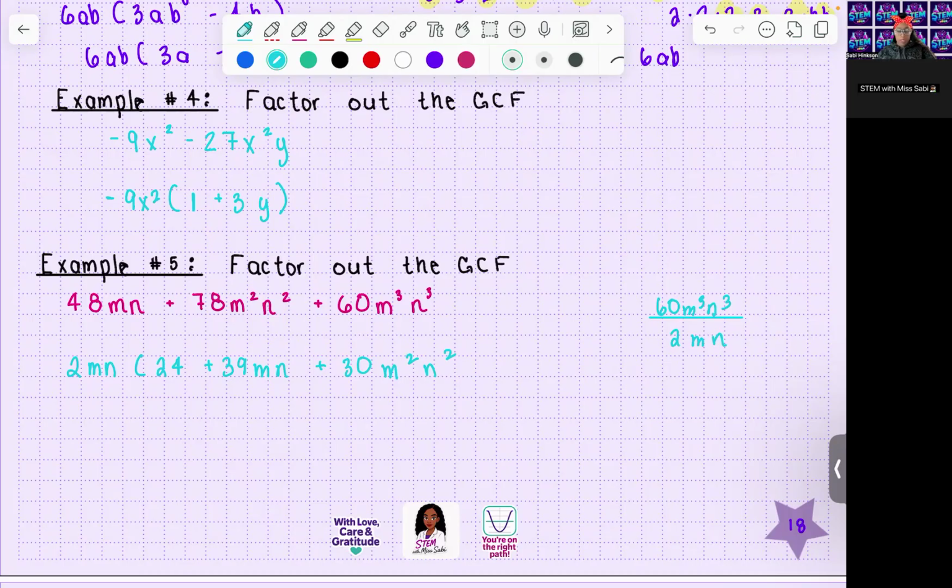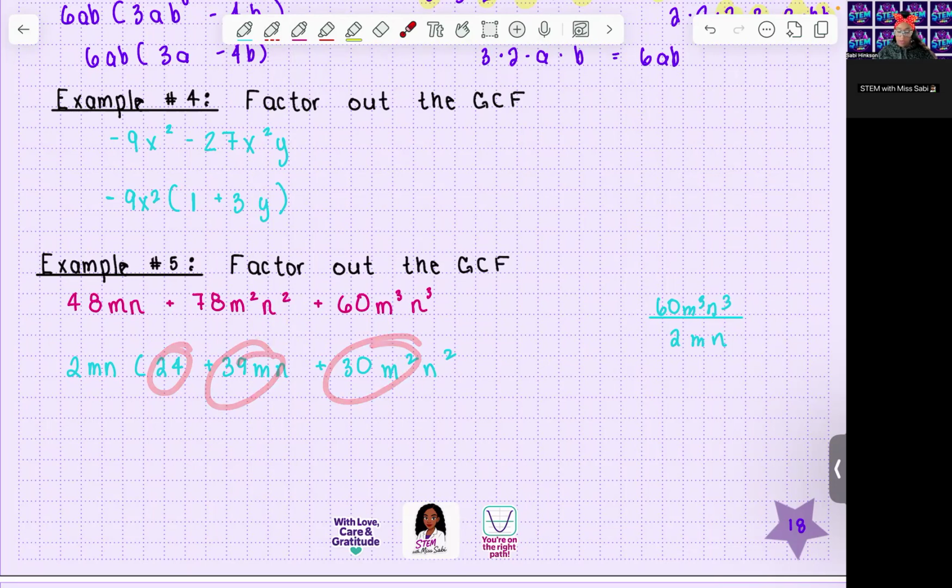Okay, now you need to check again. Is there something that I can still divide by? If you look closely, I just use trial and error without doing my factor tree. These can all still be divided by 3. So I need to take out a 3. 2mn times 3.